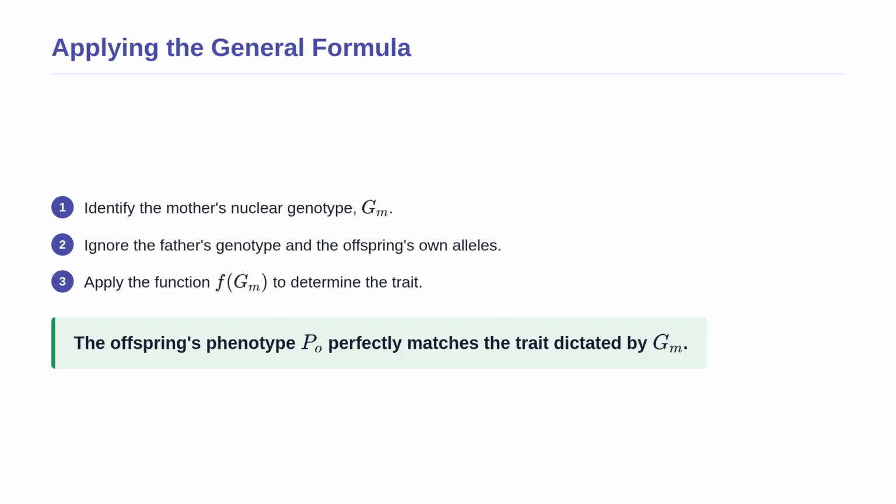They do not matter for this early trait. Finally, we apply the function f of GM to determine the physical trait. The final answer is that the offspring's phenotype will perfectly match whatever trait is dictated by the mother's genes. This simple logic is the foundation for solving any maternal effect problem.